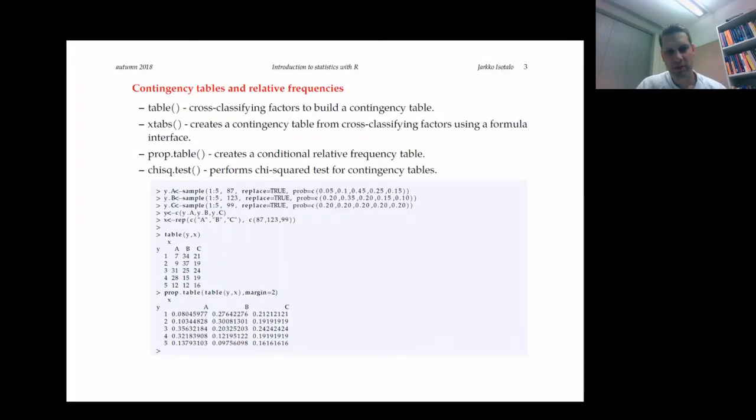After the probability distributions and random number generation, let us now continue to contingency tables and relative frequencies. Contingency tables are also called crosstabs, which might be a more familiar name for you. We use this sort of table especially in a situation where the response variable y has, let us say, few qualitative values, and also the explanatory variables have only few qualitative values.